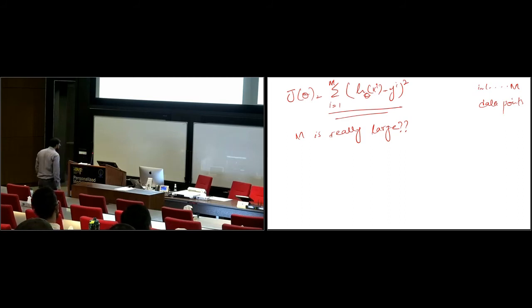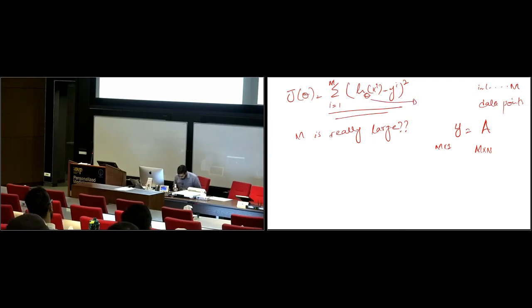I'll give you an example. For the linear regression problem, we had y, which was m times 1, equal to A, which was m times n, where n is the number of bases, times z or theta, which is n times 1, plus some noise.